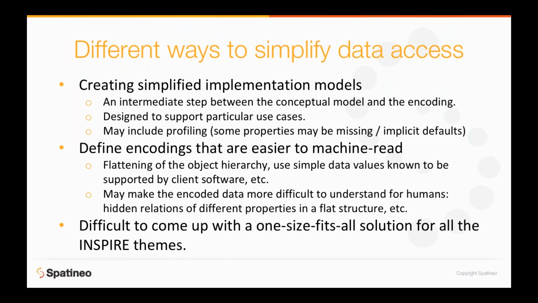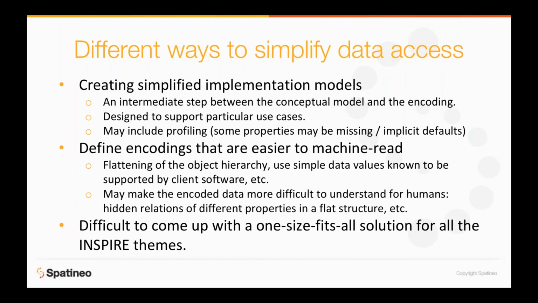So this is actually quite a nice approach, in that after this kind of simplified implementation model you can use it as an input to several encodings, and apply the same kind of simplification rules already in between the conceptual model and the implementation model. There are some tools which can help you with this process.